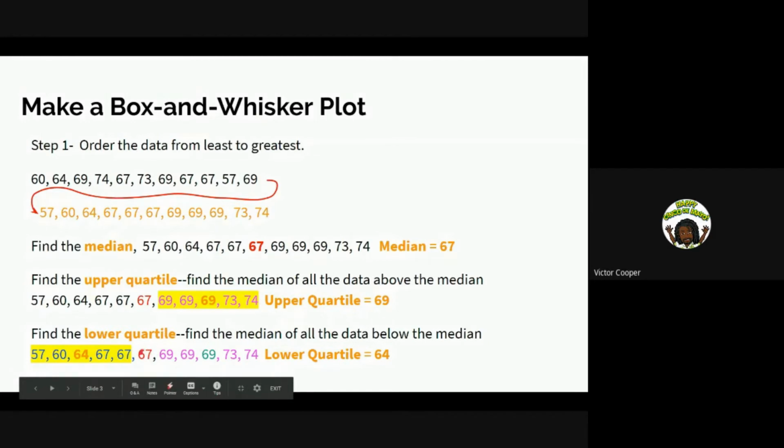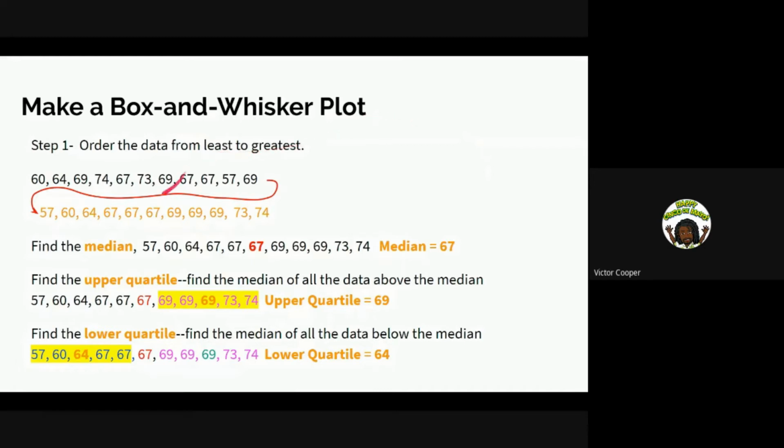Ignore the median, take all the numbers below it. All right, so the median is not included when we figure out our upper and lower quartile. That is a common mistake that I see when people are trying to find the upper and lower quartile. They include the median, right?